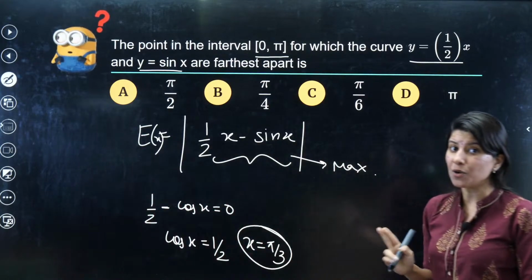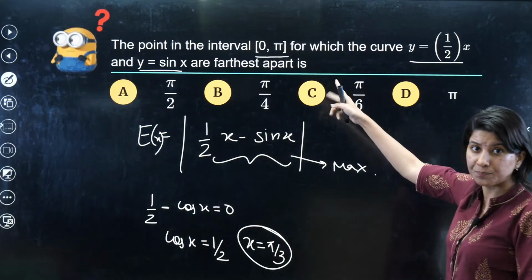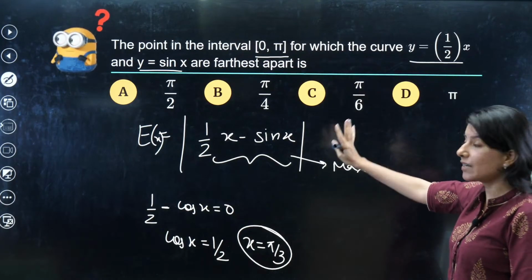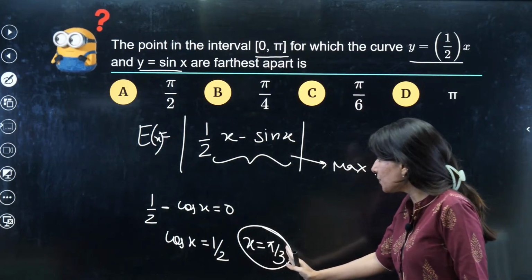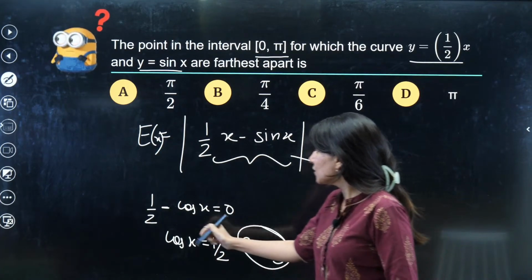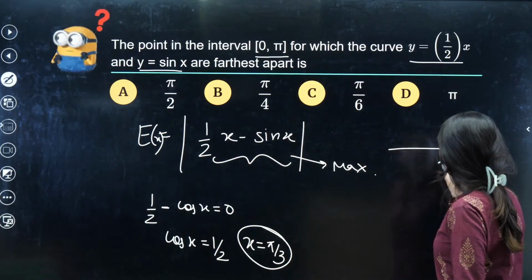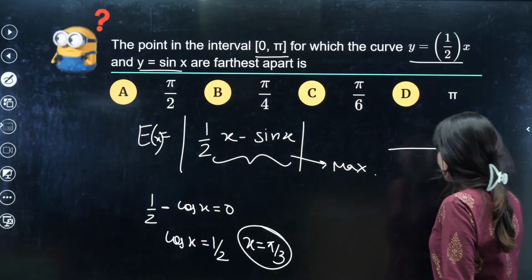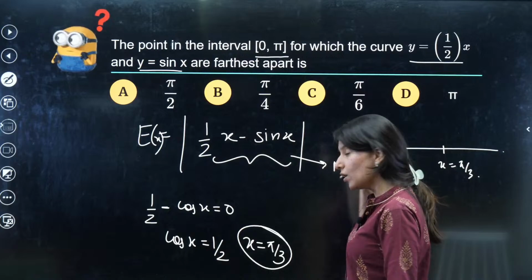But I already told you that the extreme points also matter, because here I am going to get maxima and minima type things. Okay, so x equals pi by 3 is there. So this is your f dash x. If I put pi by 3, I am going to get 0, right?